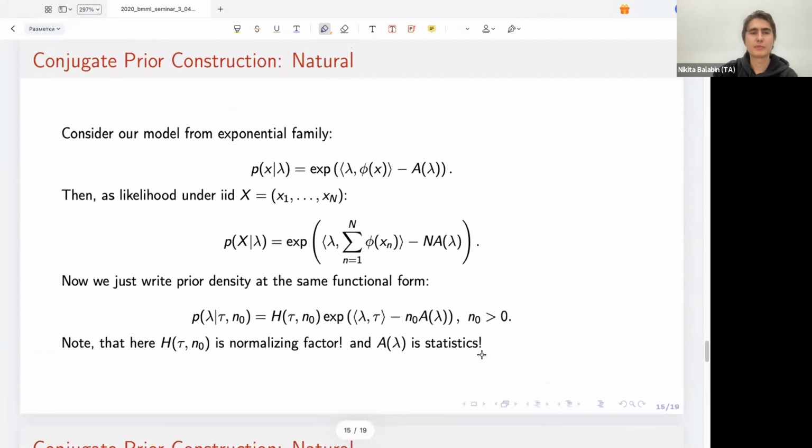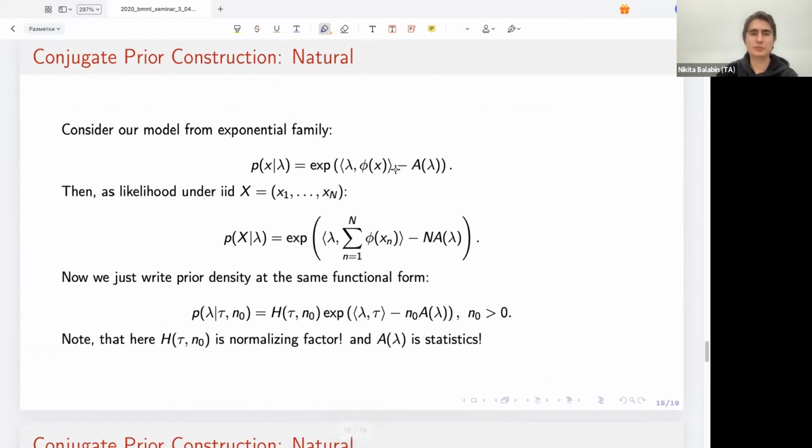First of all, we again choose the model, the likelihood for our model, like previously. It is exponential. It is not the likelihood, it is the density. And the likelihood, since data is independent, we can write as follows.